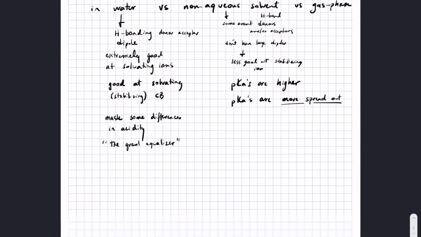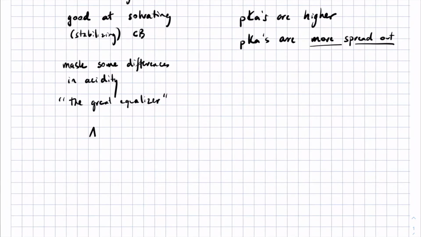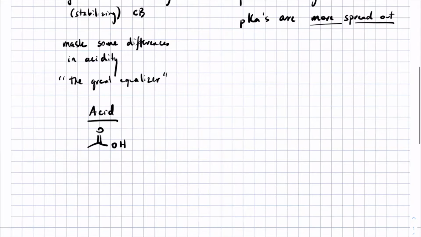So let me show you a little bit of pKa data. This is in your text, and it's likely not that useful for you to write down, but I just want to show you a couple of examples. Acetic acid and paranitrophenol.